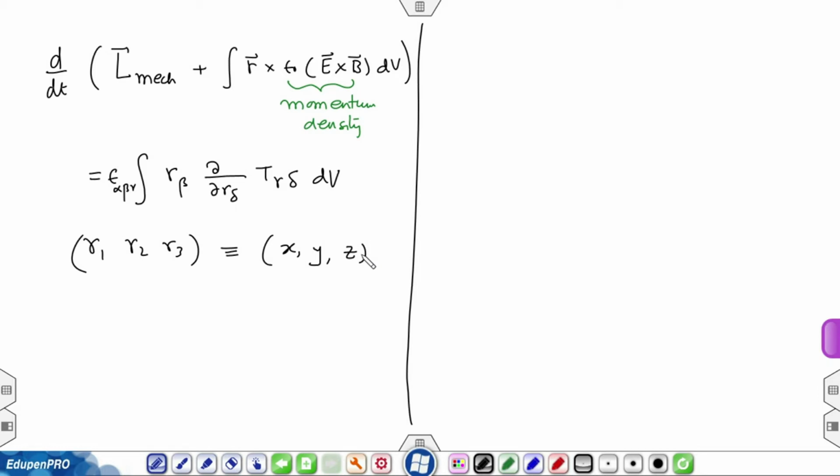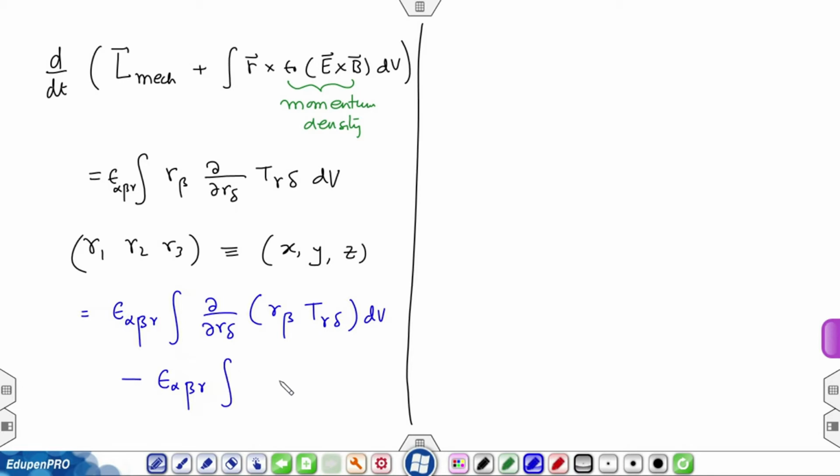I want to bring it to the surface term. So, I can write this right hand side as epsilon alpha beta gamma integral d by dr delta r beta t gamma delta dV minus epsilon alpha beta gamma integral delta of delta beta t gamma delta.